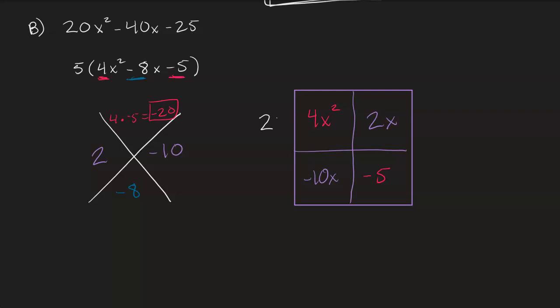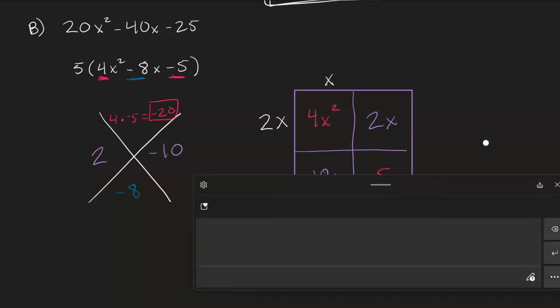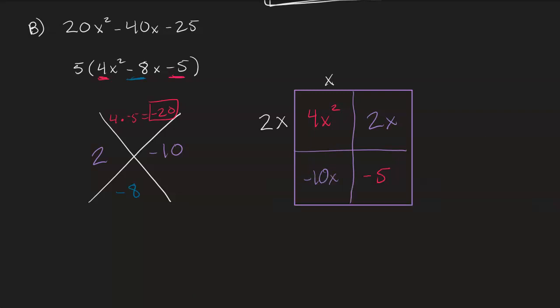So I can assume that I can factor out an x and an x because x times x gives me x squared. Okay. And then 2x times x doesn't give me 4x squared, so I need to throw in another 2x. So 2x times 2x gives me 4x squared.